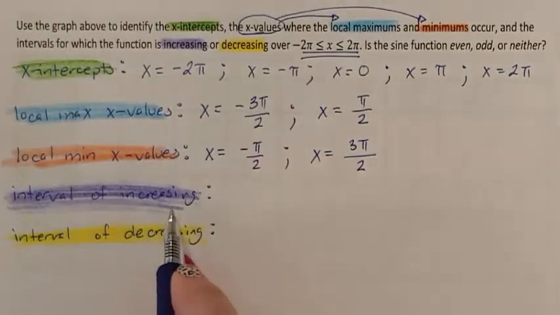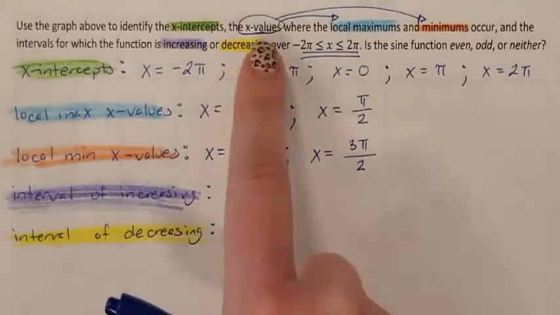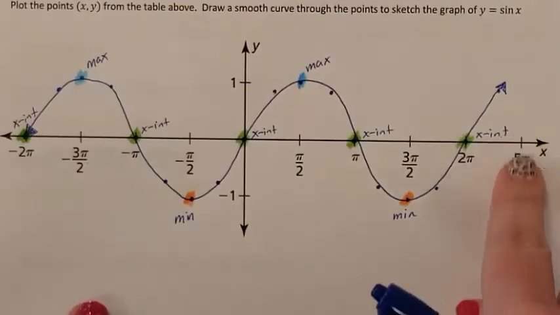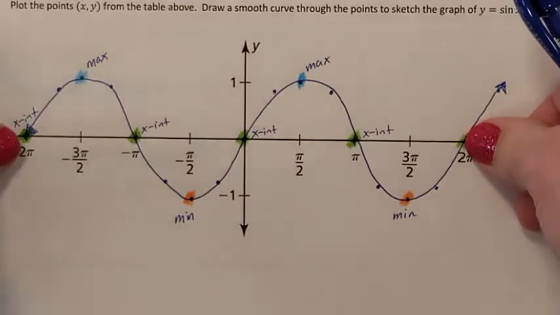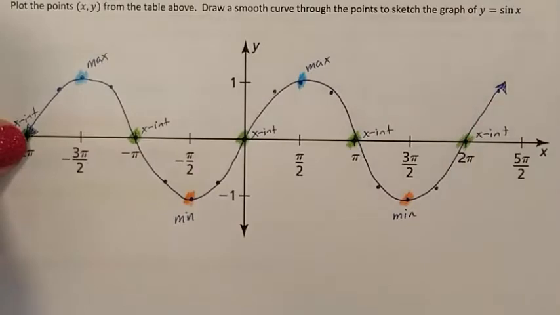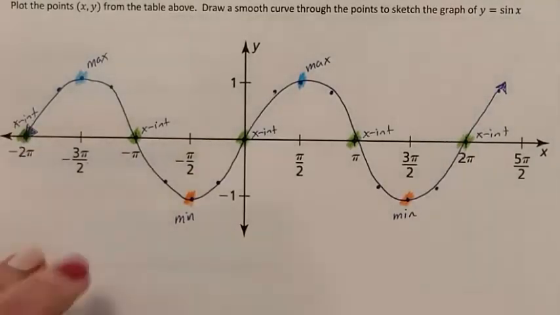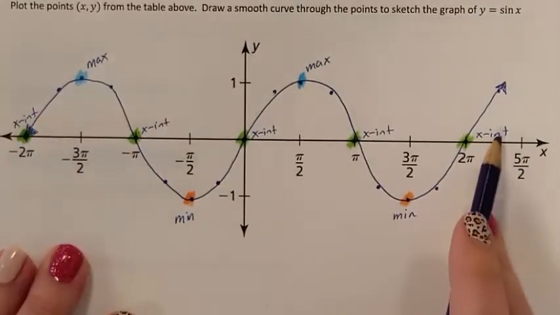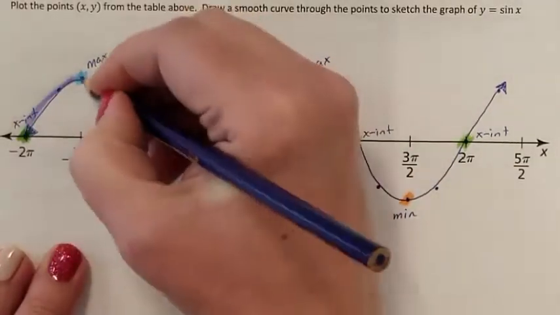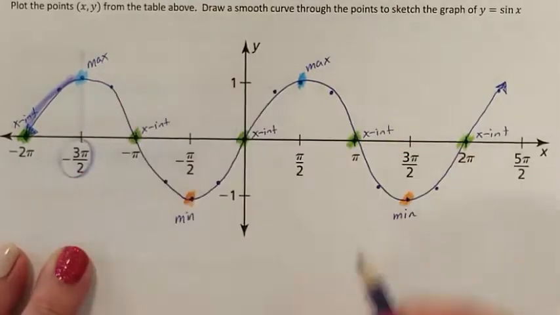Now we're looking for the areas of increasing and decreasing, but specifically we only want between these intervals. So looking at our graph, we don't want to include this point. We're literally just going from here to here. Where are we increasing and where are we decreasing? Remember, you increase when you're going up the mountain as you read from left to right. So I see that I am increasing here, but I stop right here at this value.